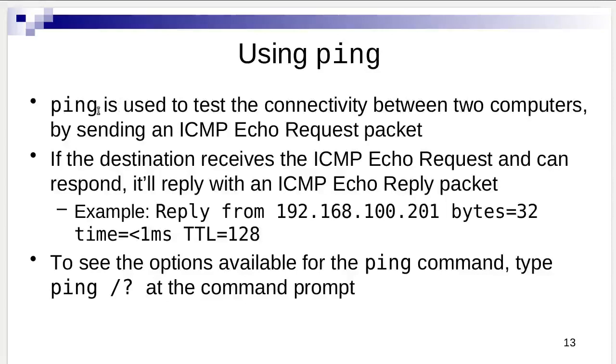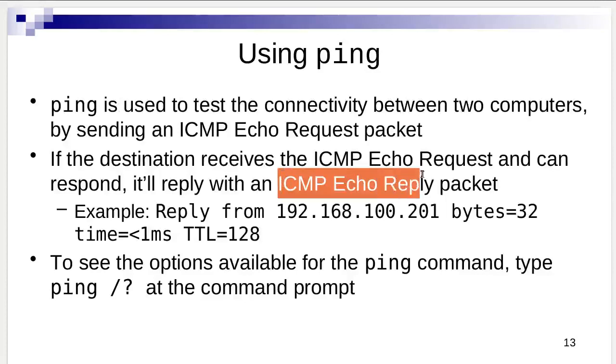However, if you do see a positive response, that is, you get an ICMP echo reply packet, then you can get statistics on how quick that connection is, and what the time to live is and so on. Okay, so once again, ping, send a message, get a reply back hopefully, and if you get a reply back, then you know that it is up and you can get some speed statistics.